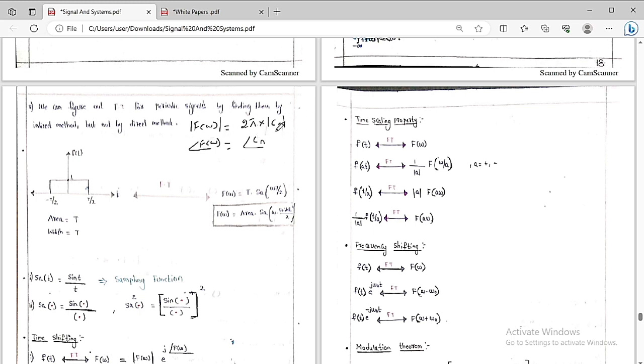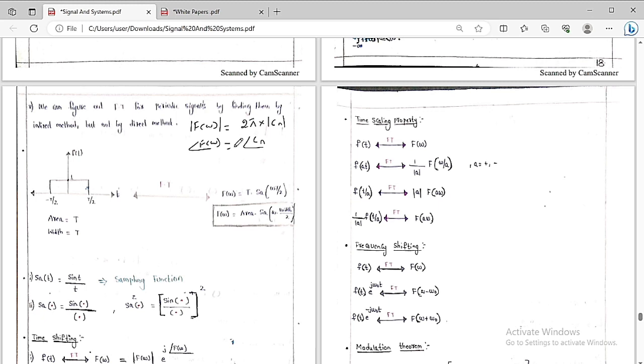This is indirect, meaning first we find the Fourier series coefficient, we substitute into this formula, and then we get the magnitude of the Fourier transform and the phase angle of the Fourier transform. So we can figure out the Fourier transform for periodic signals by the indirect method, but not by the direct method. The magnitude of F of omega is equal to 2 pi into the magnitude of Cn. The phase angle of F of omega is equal to the phase angle of Cn.